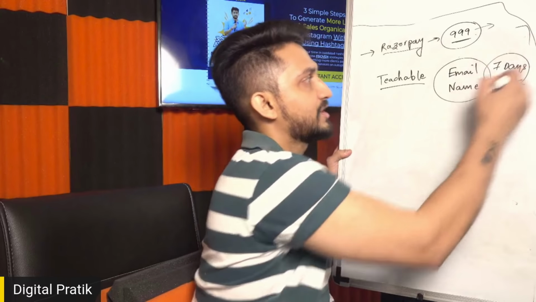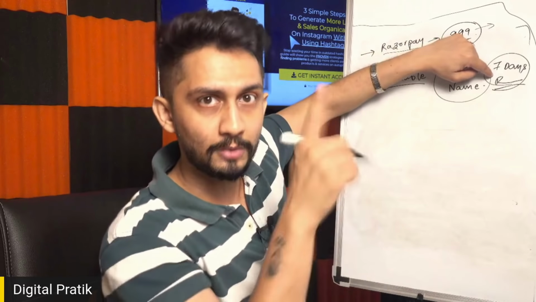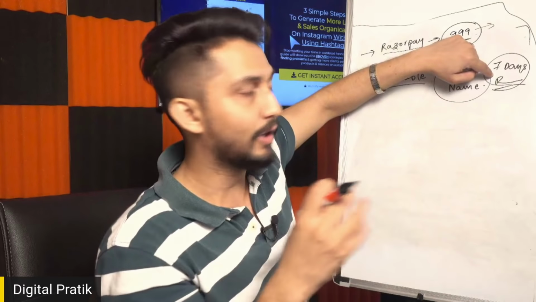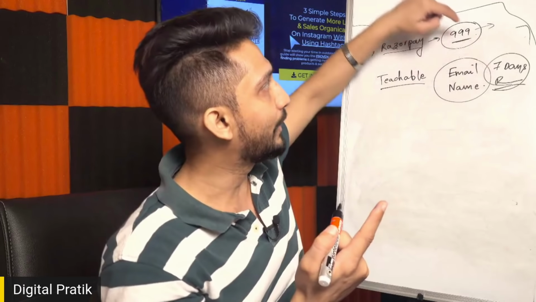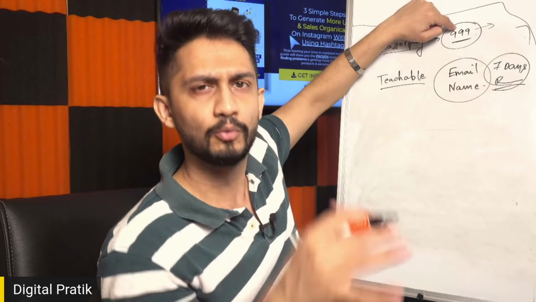This was the course I want you to be enrolled in automatically in the backend, and all the emails should be triggered when you make a purchase of 999 rupees, or whatever the price point was.